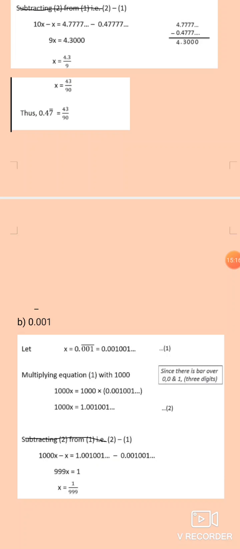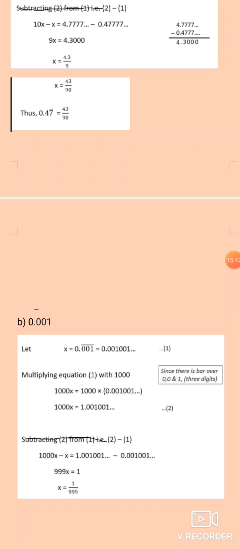So let x is equal to 0.001 bar, which is equal to 0.001 etc. Put equation number 1. Now, how many decimal places are repeating? 3. So to change that decimal part into the whole number part, we multiply by 1000.